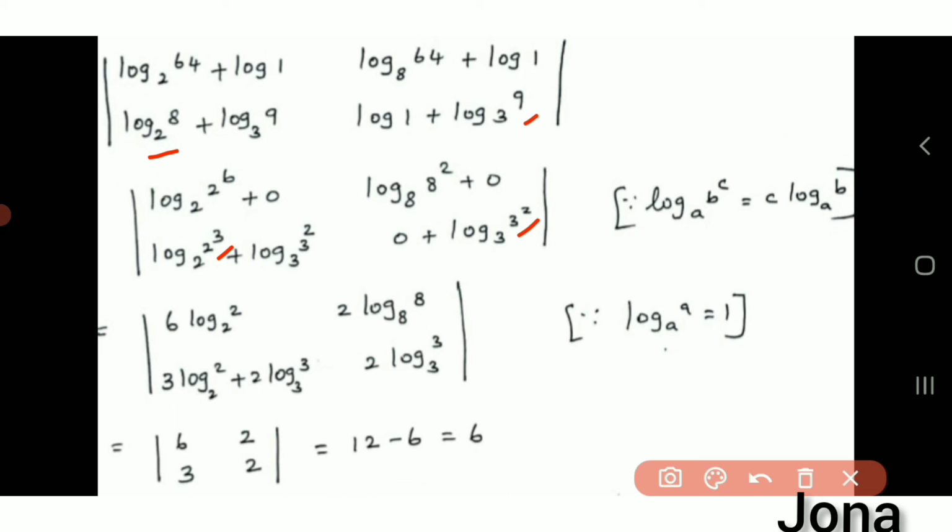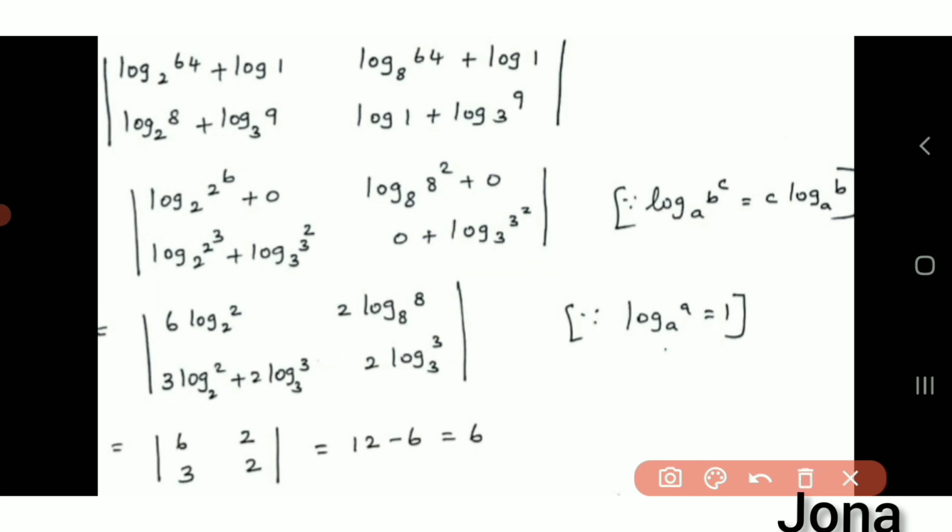If we have a power we can take it to the front: 2 log 2 base 2, 2 into log 8 base 8, 3 log 2 base 2, and 2 log 3 base 3.